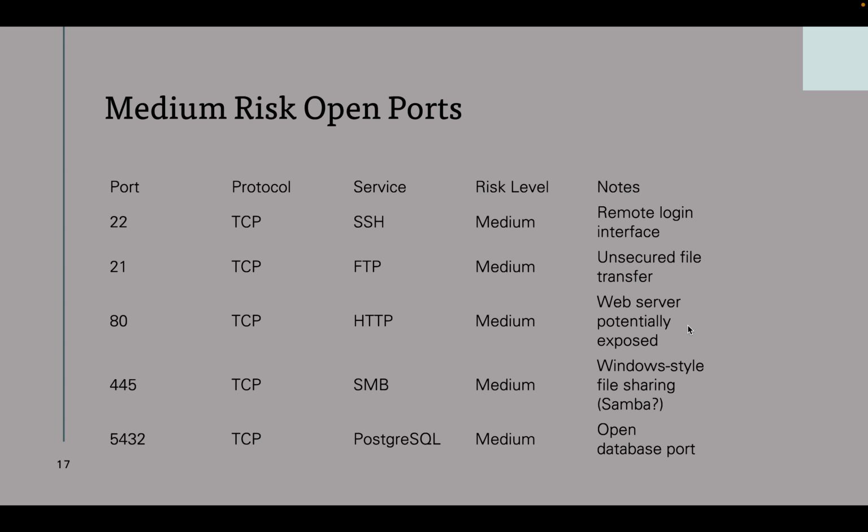Port 21, unsecured file transfer. Port 80, web server could be potentially exposed. Port 445, Windows-style file sharing, which could be Samba. And then 5432 is an open database port.